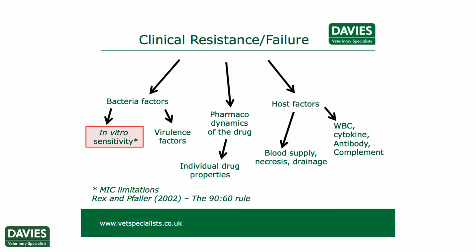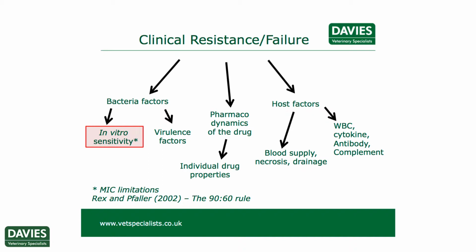If we cover bacterial factors first, we've already mentioned the individual sensitivity of the bacteria to a certain antibiotic, and can we achieve that level of antibiotic concentration in our target area? That touches on some of the pharmacokinetics. We've also got the individual virulence factors of the bacteria. Resistance doesn't necessarily mean it's a more virulent strain, but if it does cause an infection, it can obviously be a lot more problematic to treat.